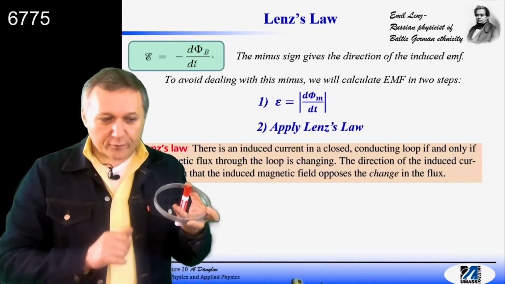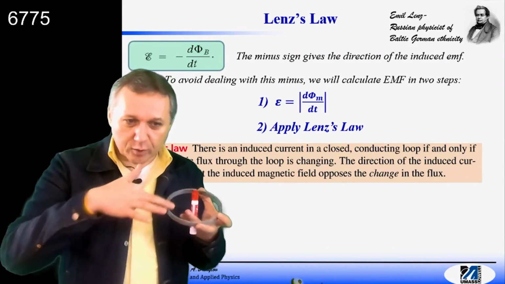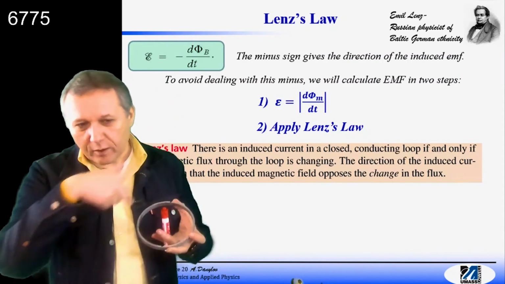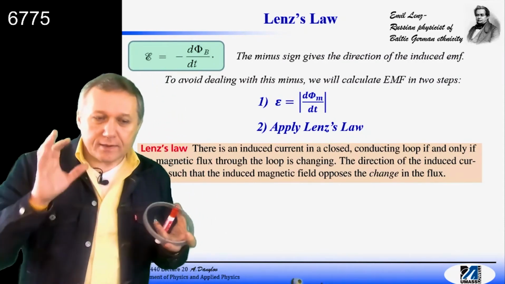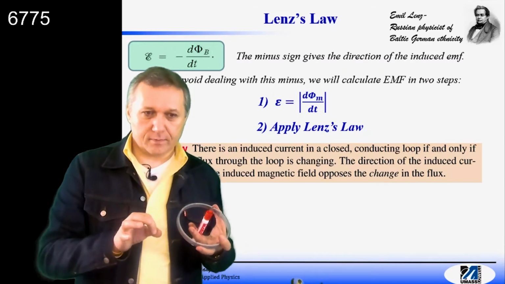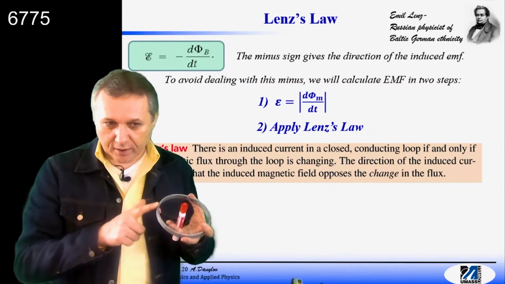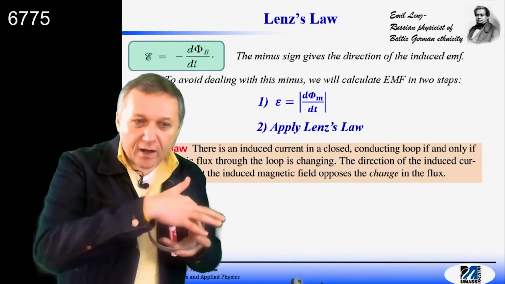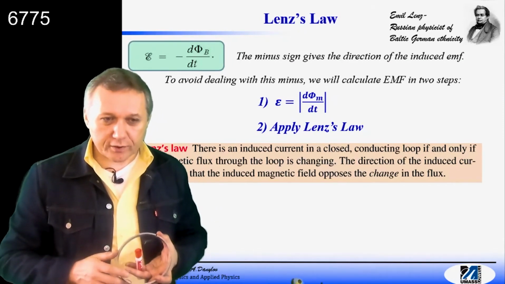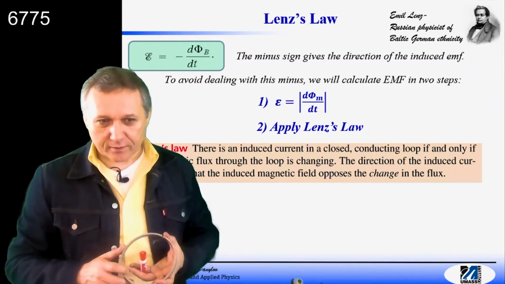The second player: there will be current induced in the loop, clockwise or counterclockwise, but there will be current induced. We're going to call that current the induced current. So that's the second player: the magnetic field, then the induced current in the loop. Then the last player: if there is an induced current flowing in the loop, will that current produce a magnetic field?